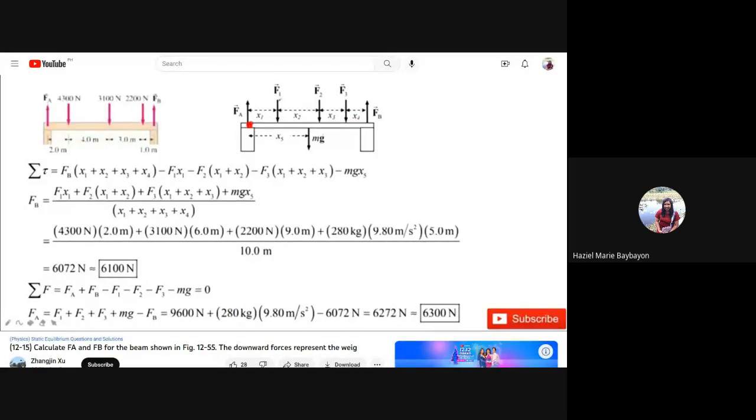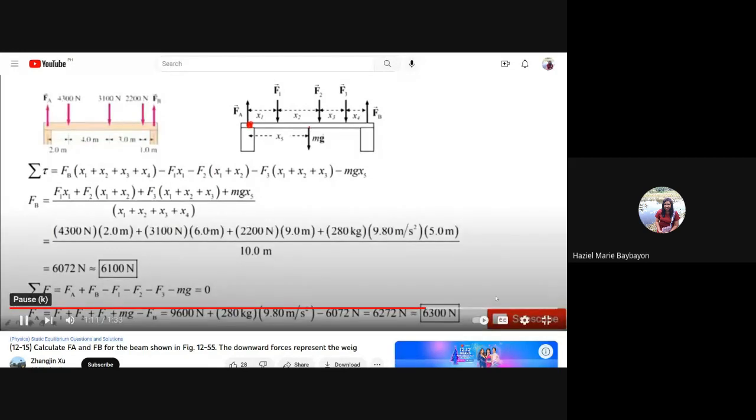Now we look at the F1, it is pointing down, so negative sign, because it's torque at opposite direction. So this is F1 times x1, and then F2 is x1 plus x2, and then F3 is times x1 plus x2 plus x3. Now we look at this one, gravity. The gravity is just x5, right? x5. Then we solve those equations, get the function for FB, input the known quantities, get the final answer there.